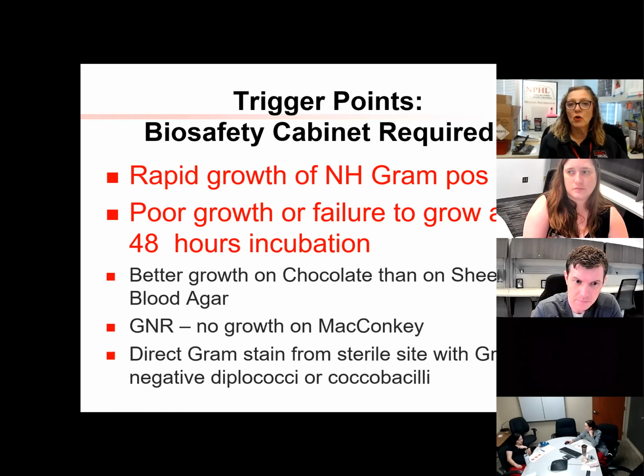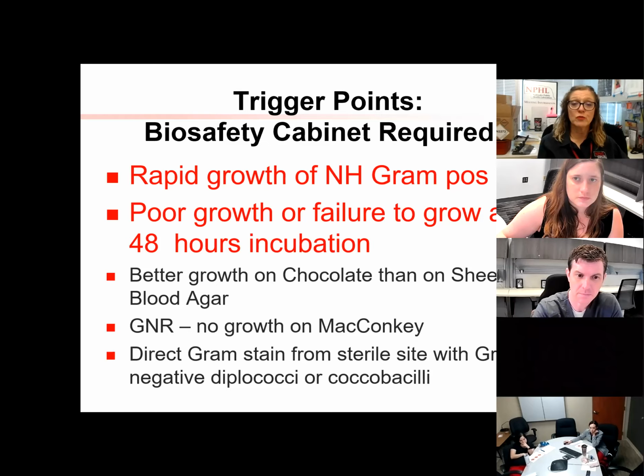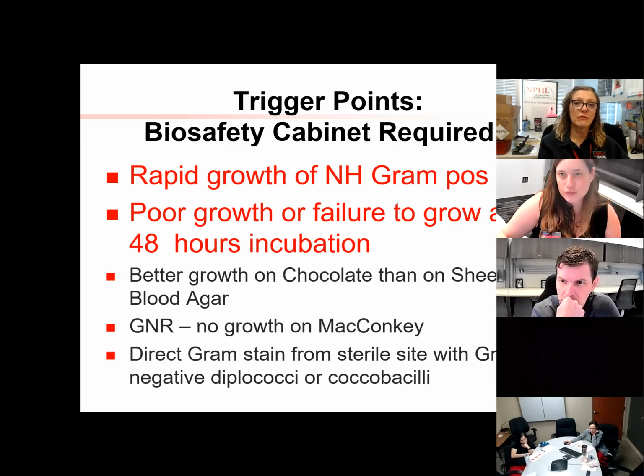Gram-negative rods: if you have no growth on MacConkey, because as you know, most enterics, all your Enterobacterales, will grow on the MacConkey plate. So anything that's not growing on MacConkey and you think is a gram-negative rod, or the original gram stain showed it as a gram-negative rod, you should probably not be working it up any further.